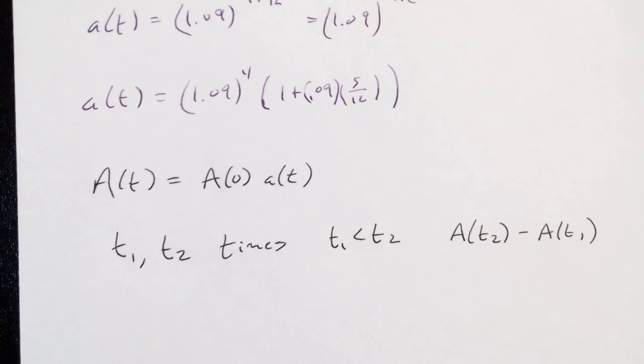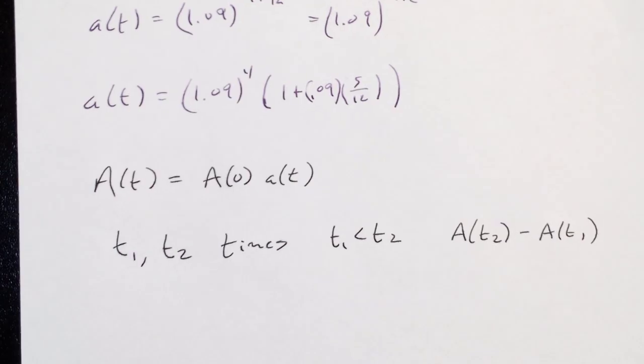Huh. If I know any 2 times, I can then work out a rate per that time. Frequently, we do this as 1-year periods.